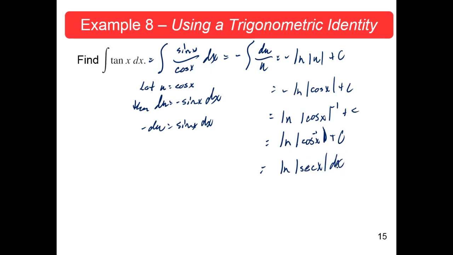Now, we have to leave the absolute value bars there, but you would also need to be very judicious in your choice of domains for the x. Okay? Here, because secant x is good from minus pi halves to pi halves, but not at either endpoint, you can do that.